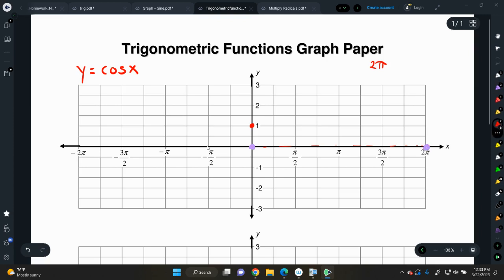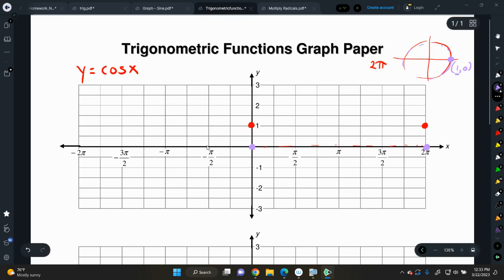Your cosine curve is going to start and end at 1. Now, look at your unit circle. We go all the way around. We're starting here, and we go all the way around, and we're ending here. And the coordinate here is (1, 0). So it starts and ends at 1.